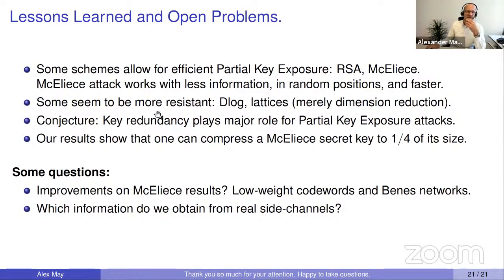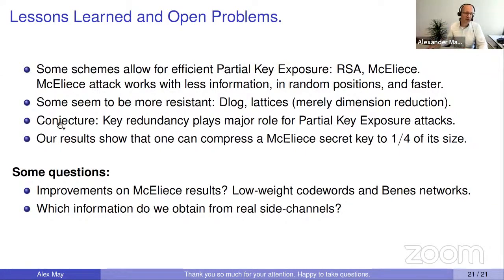And some schemes also seem to be more resistant, right? So for discrete log, we hardly have anything. And also for lattices, we merely have dimension reduction. There's nothing breaking down. And if you look at lattices, for instance LWE, they are way less structured like this parity check matrix. If you think of the attack now, we really use the structure of this parity check matrix, such that the i-th column was only dependent on the i-th Goppa point and so on.